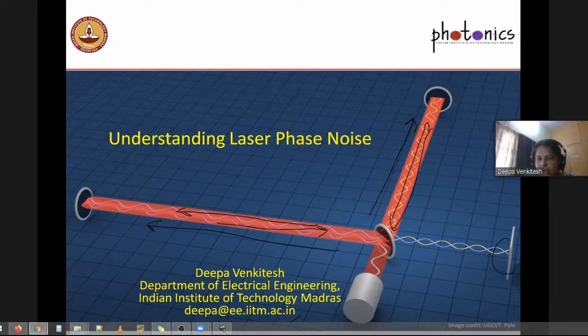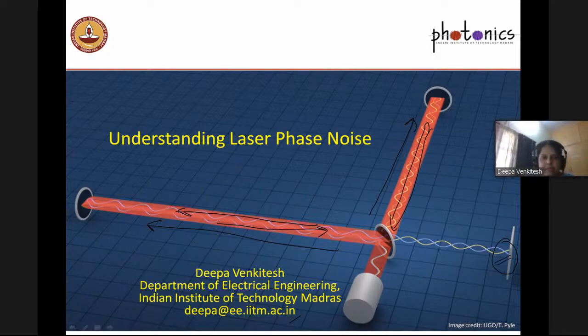We are recording our information in one of the dark ports of the interferometer, and you look at the intensity changes in that port and then identify the nature of the gravitational wave. This is a very simplistic explanation of the detection process of the gravitational wave.